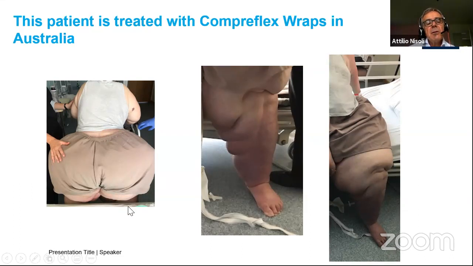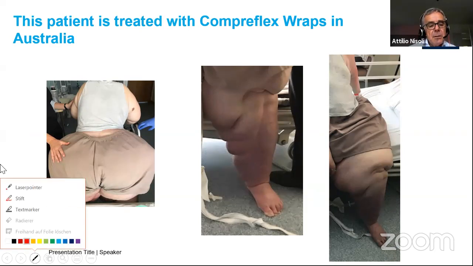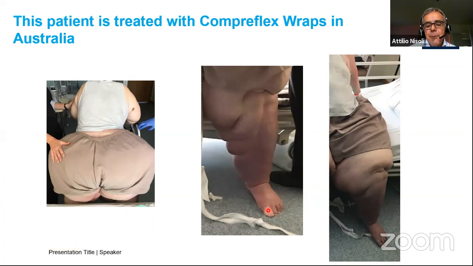This patient, and I'm allowed to show this picture, I have the permission of this lady. It's a mixture, as you can see when you look at her feet, the foot dorsum has a bit of swelling, but not too much.